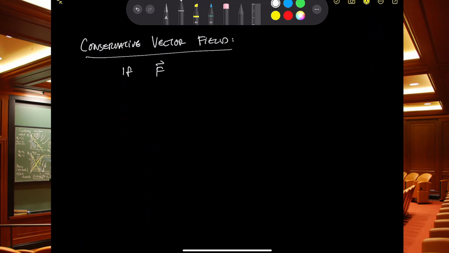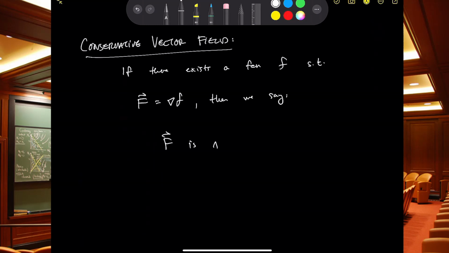If there exists a function f such that some vector field function is equal to the gradient of f, then we say that big F is a conservative vector field.